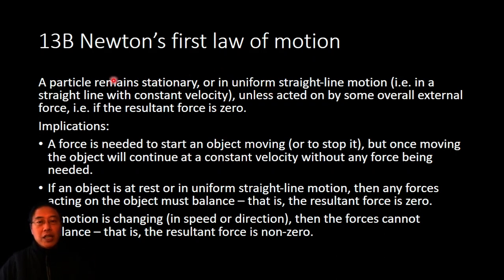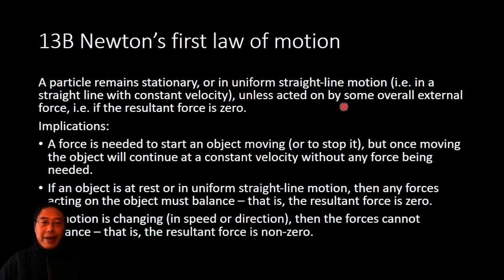So if you have a particle that is either stationary or moving in a uniform straight line, it means a constant velocity. Straight means it doesn't change direction. That makes sense. And uniform means the vector velocity is not a function, it's a constant. Well, it's a function but independent of time.